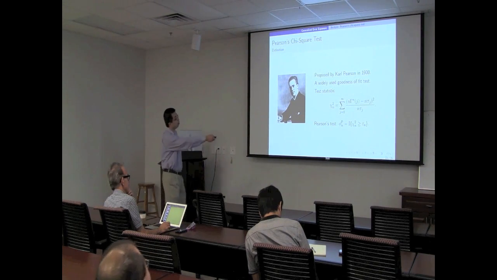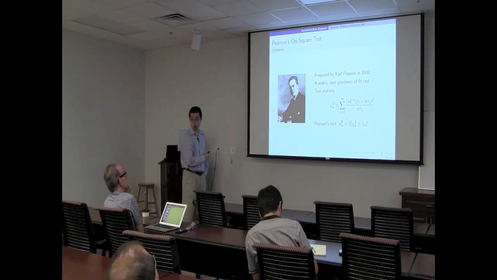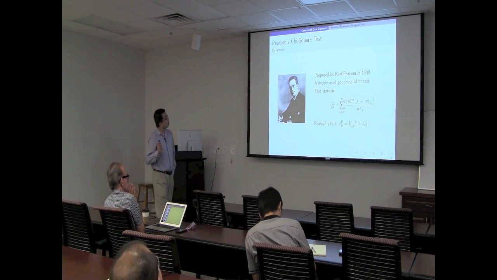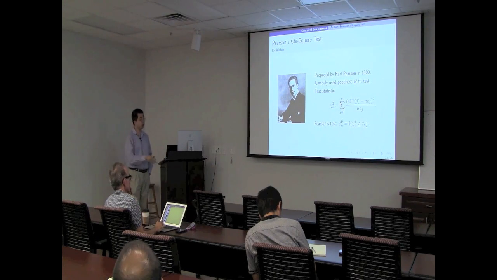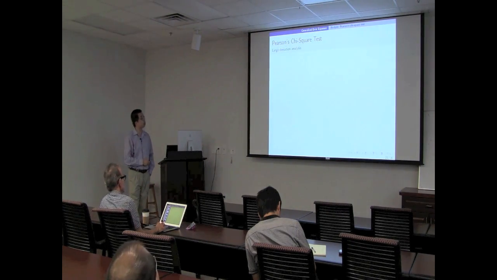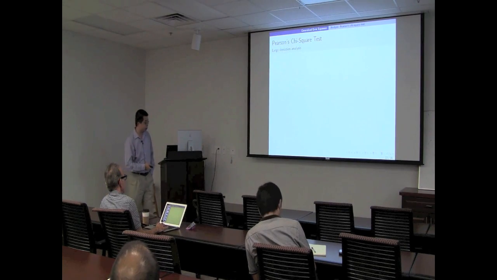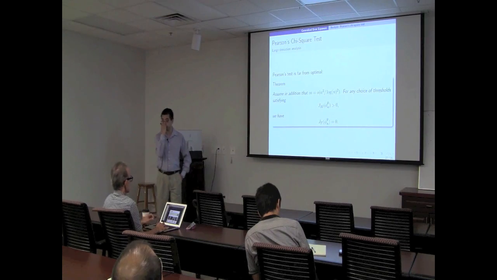Okay? So if your distribution is different from pi, you're going to have a non-zero weighted norm. Right? And if you analyze Pearson's test using asymptotic consistency, we know it's actually consistent. Okay? So the false alarm and misdetection probabilities will decrease to 0. But if you look at this through the lens of large deviation analysis, we can show this is actually far from optimal.